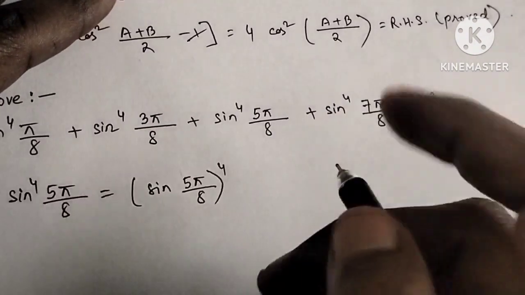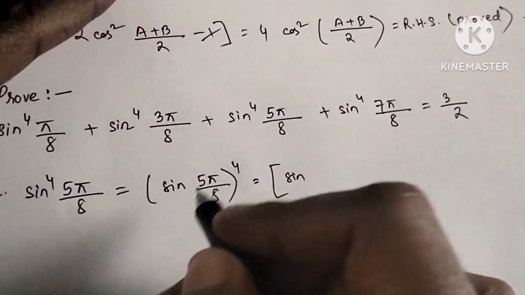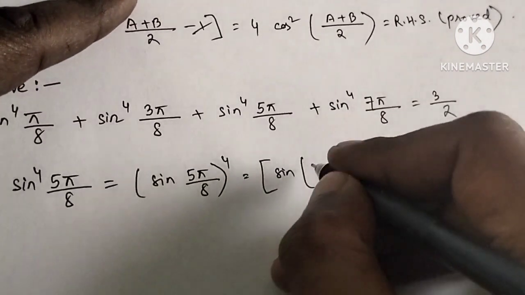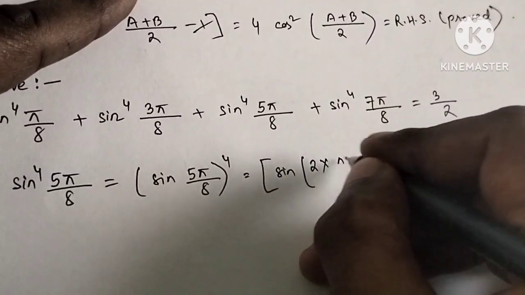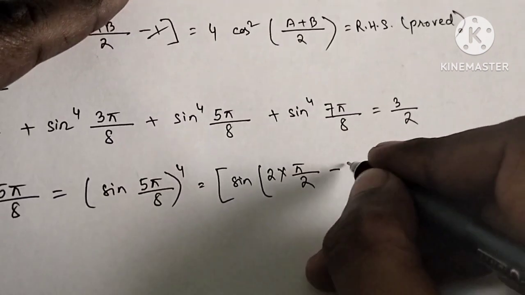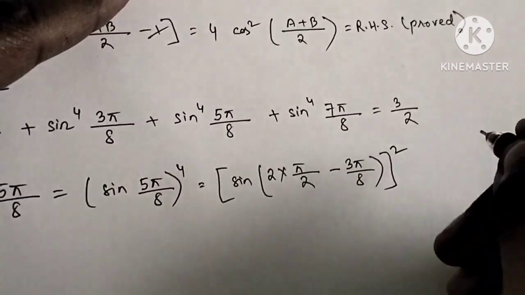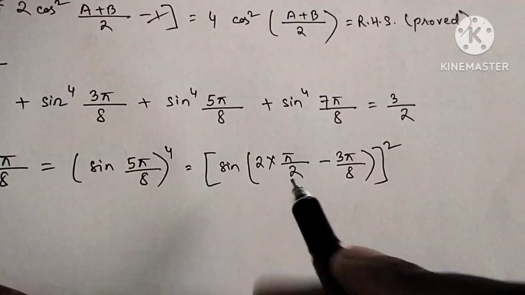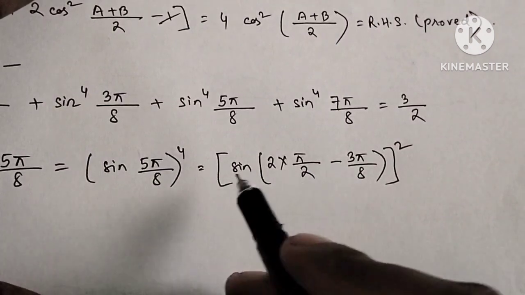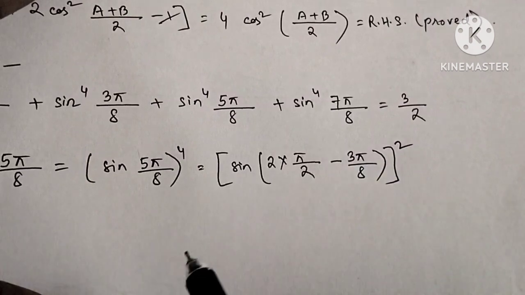Now this sine 5 pi by 8 can be written as sine 2 into pi by 2 minus 3 pi by 8.